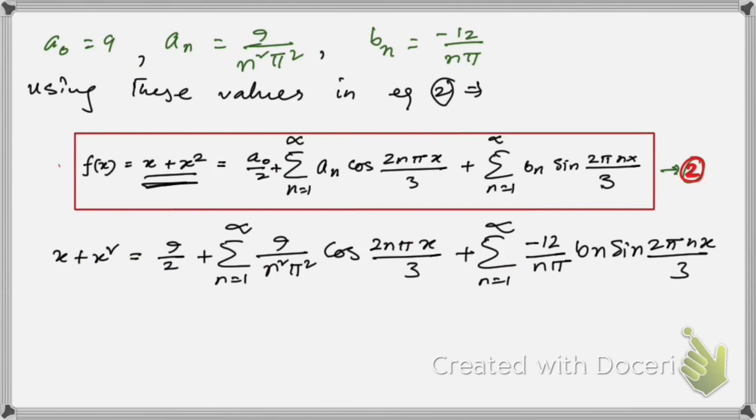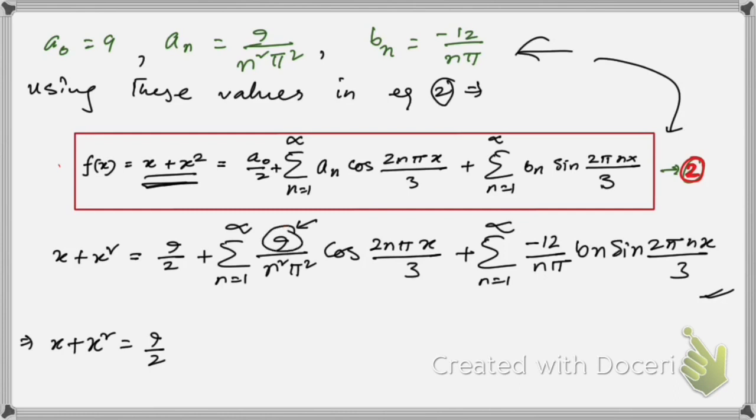So this is what we have got after putting those values in equation number 2. So this is the result we have got, which also can be written as x square plus x square 9 by 2, and this 9 by pi square can be taken out, right?